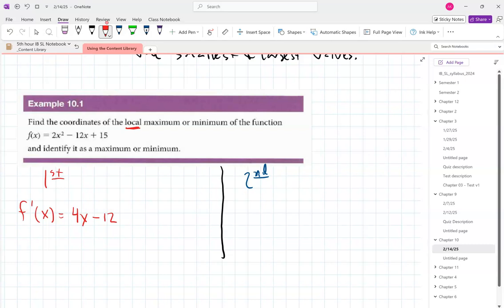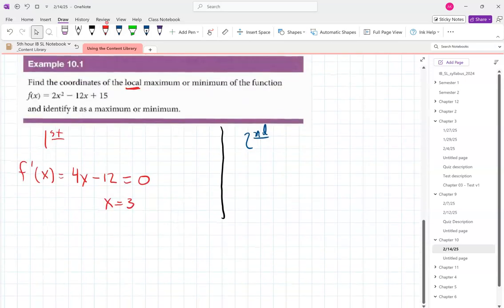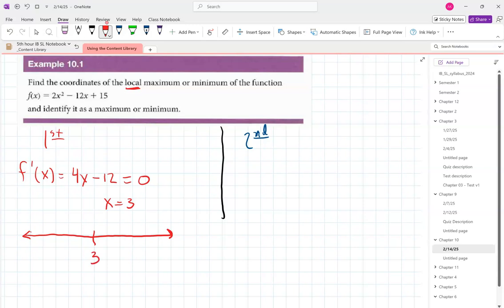Now, I noticed that 4x minus 12 is a continuous function over its entire domain. It's a polynomial, right? So is it ever undefined? No. So all I need to do is find where it's equal to 0. So I add 12 to both sides and divide by 4. So that will be the location of my local maximum or minimum.